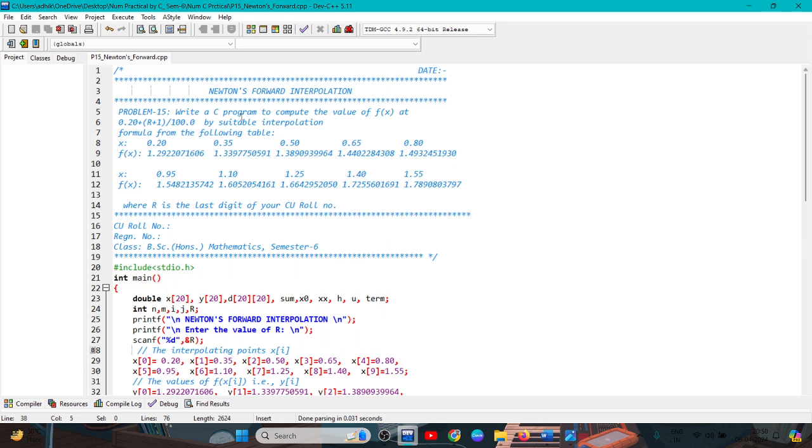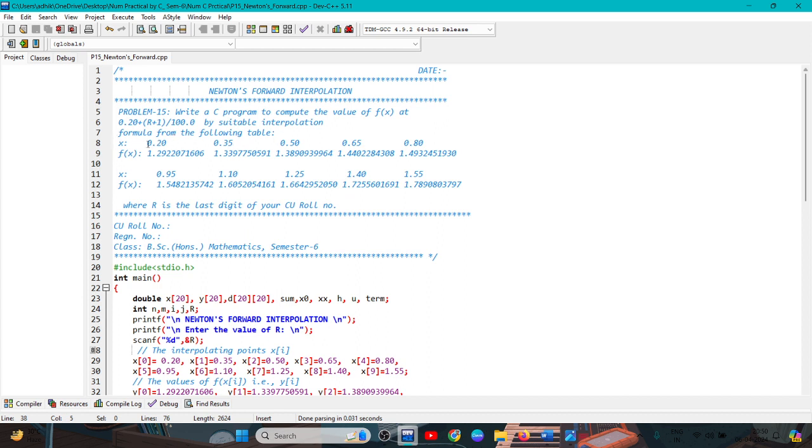Write a C program to compute the value of f(x) at 0.20 plus (r plus 1) divided by 100 by a suitable interpolation formula from the following table.